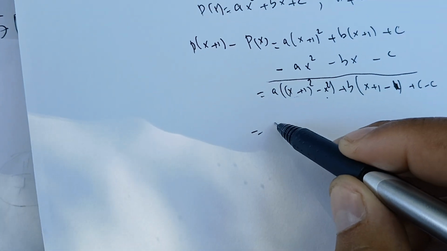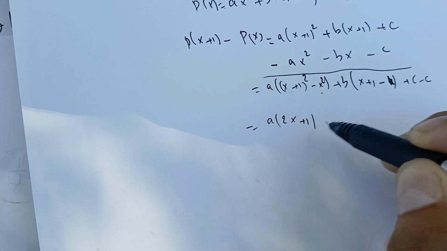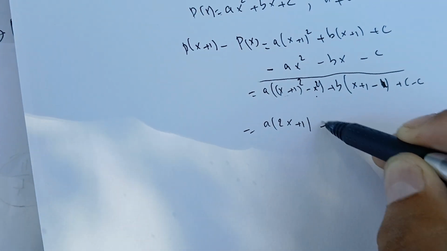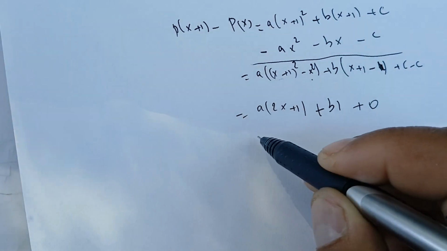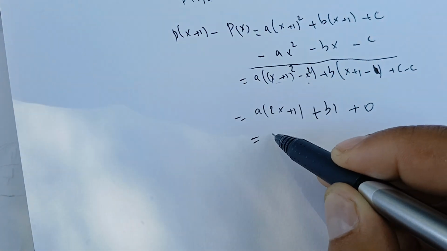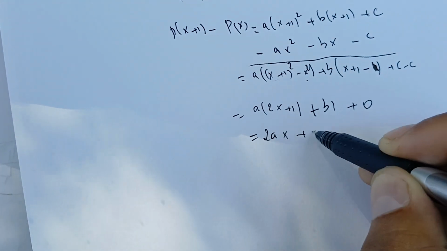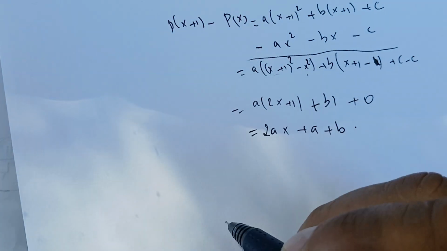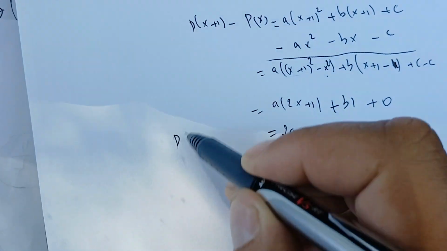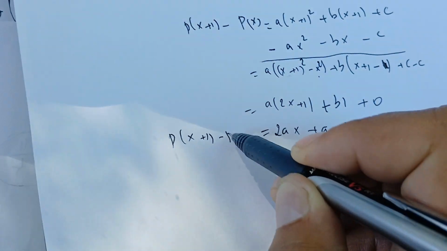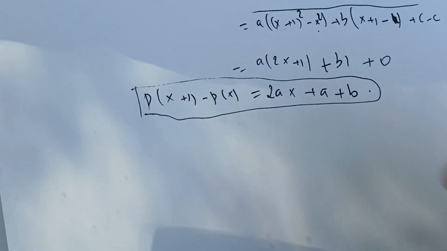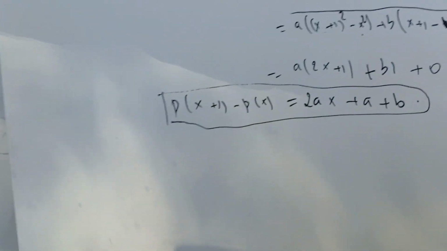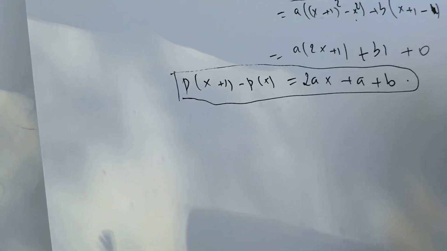That means we're gonna have a times (2x plus 1) plus b times 1 plus 0, since c minus c is 0. So we're gonna have 2ax plus a plus b. So this is our evaluation for this.